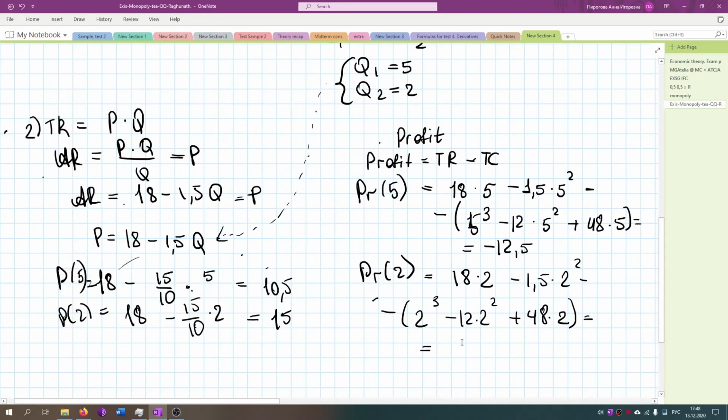So as a result of our computations, we will receive minus 26. And now we compare our profit. In the first case, we receive minus 12.5. In the second case, we receive minus 26. So this means we have to take the quantity equal to 5 because in this case our profit will be higher.